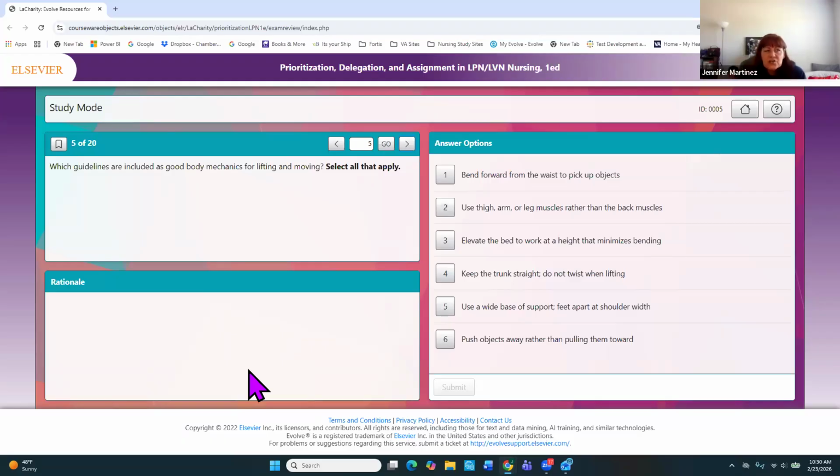Keep the trunk straight, do not twist when lifting. Use a wide base of support, feet apart at shoulder width. Or push objects away rather than pulling them forward. Which ones would be good body mechanics? 3, 5.